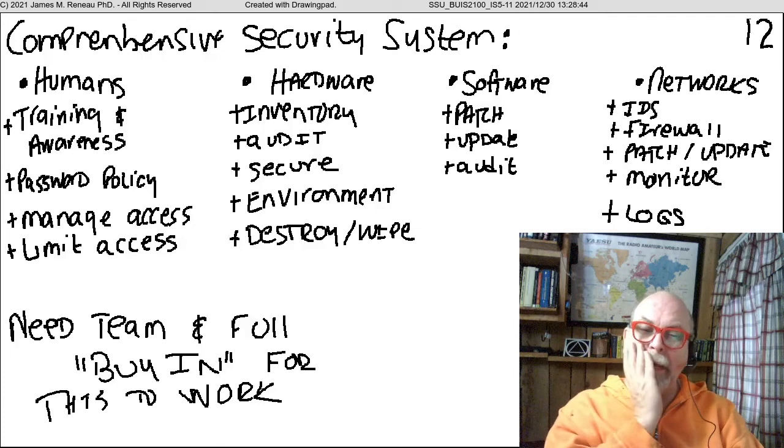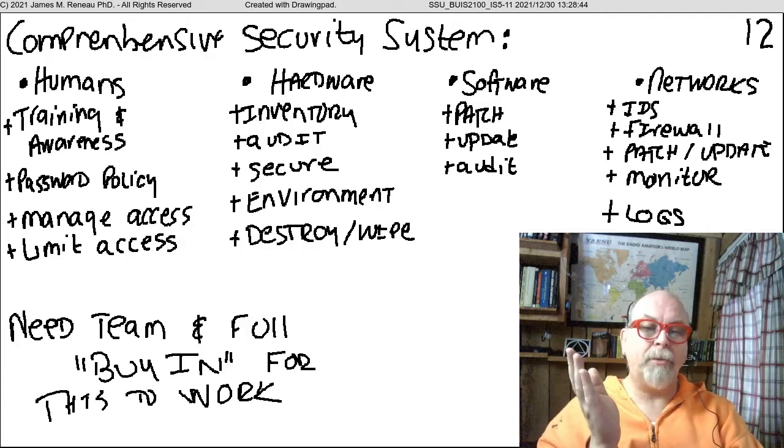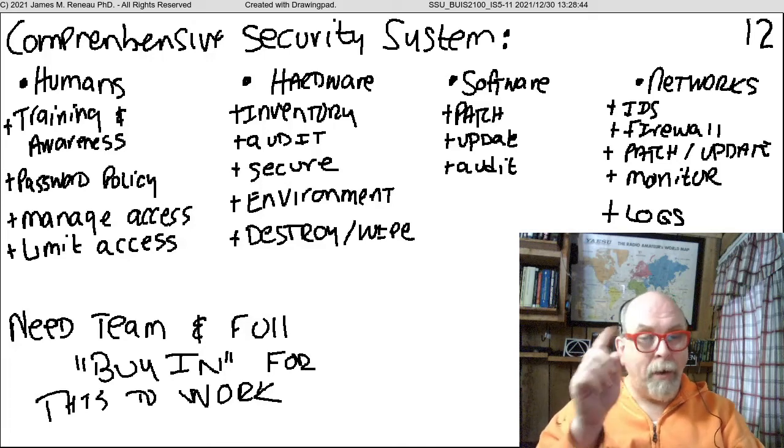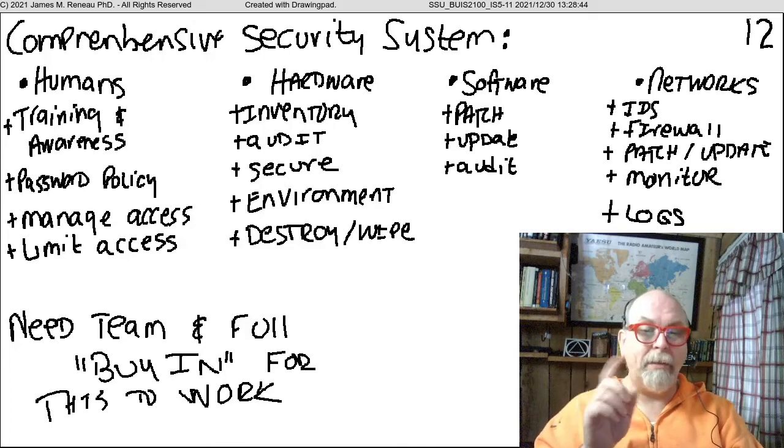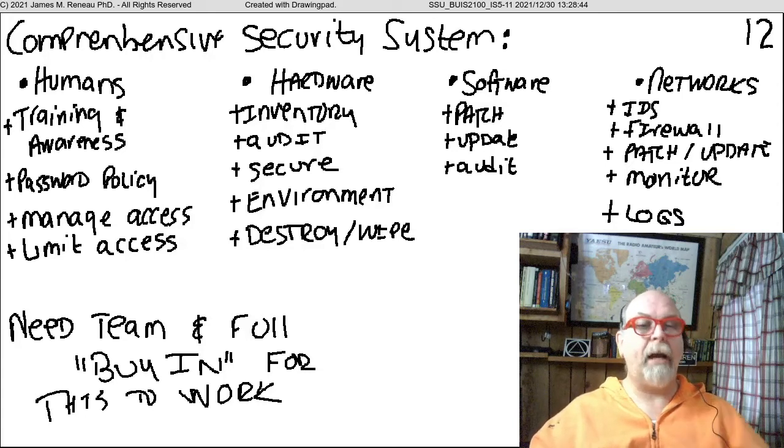But wait a minute, that just opened up a whole bunch of holes, didn't it? So knowing what's on your network and knowing what's there is extremely important as part of a comprehensive security system.